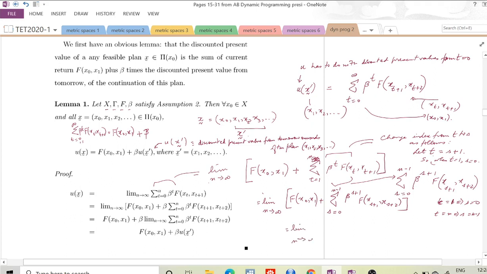So that is f of x naught x1 plus I bring out one of the betas, so beta to the s.